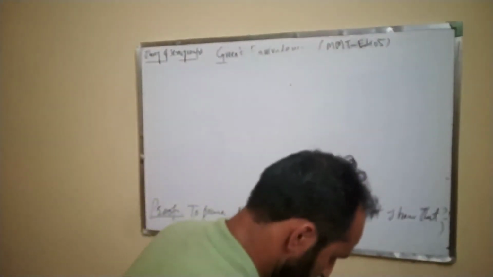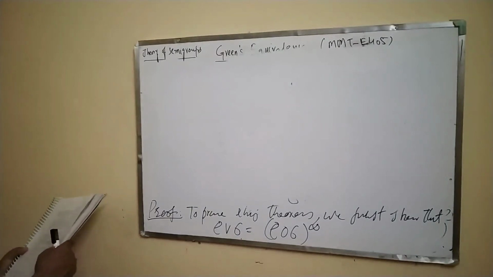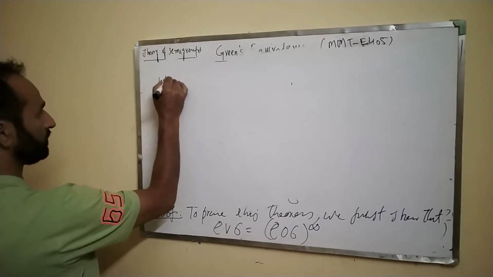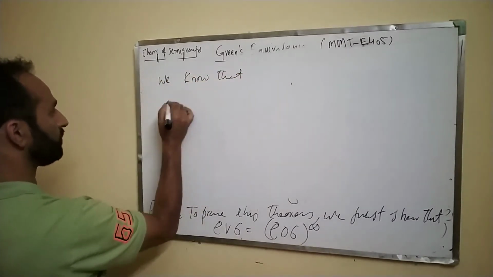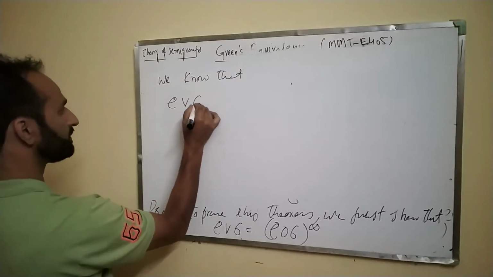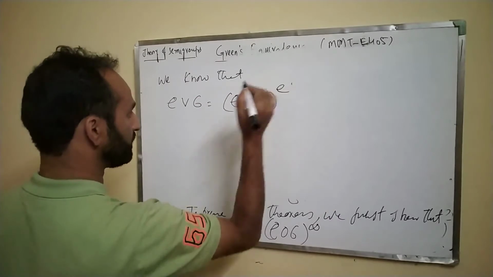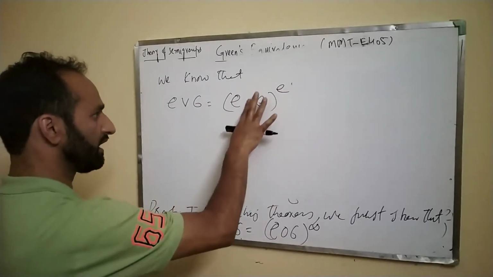Okay, let's first prove this. We know that this is actually the union, both in case of equivalences and congruences.